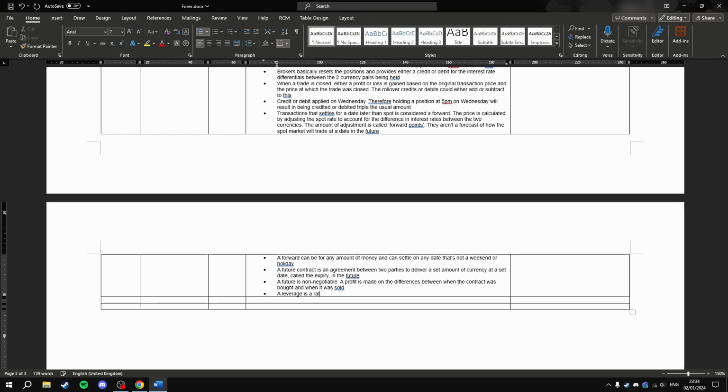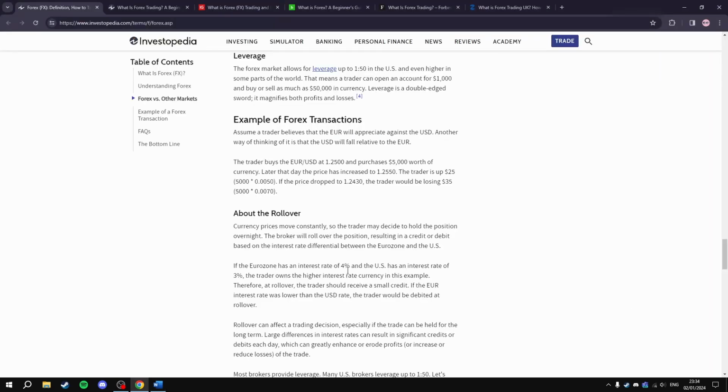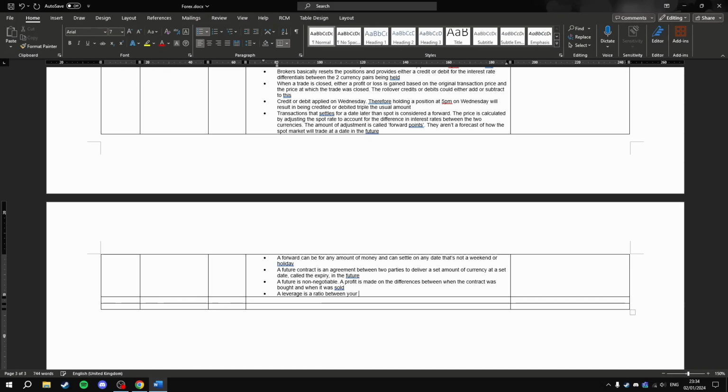A leverage is a ratio between, I guess, your actual money against what you can trade with.